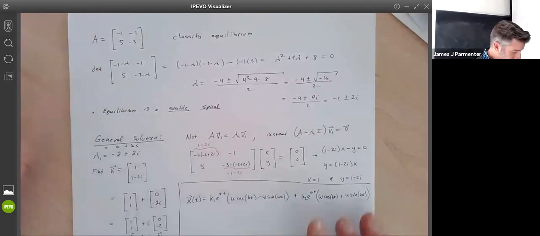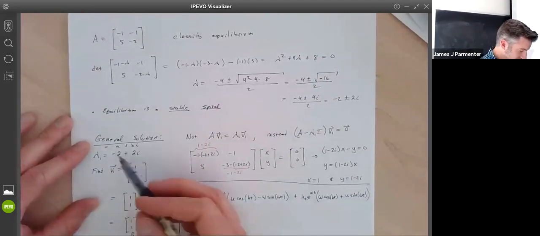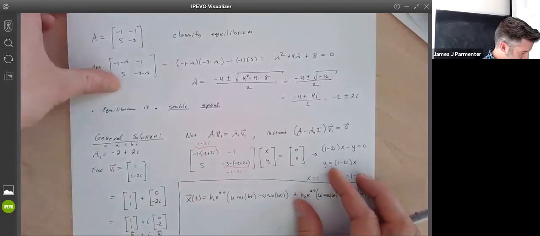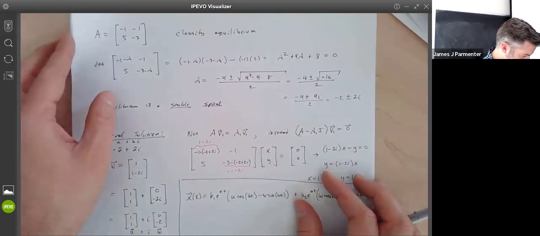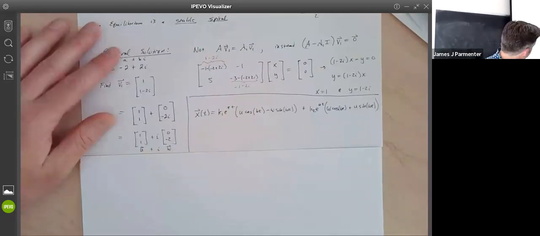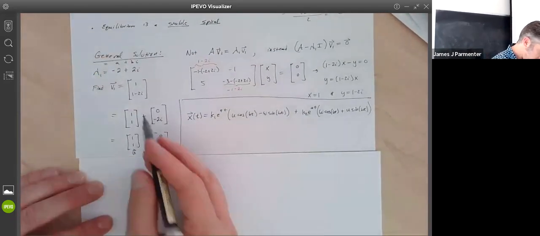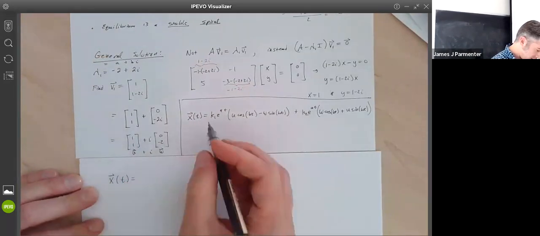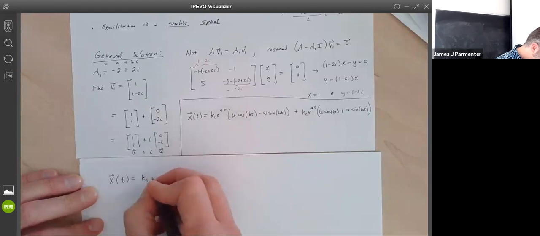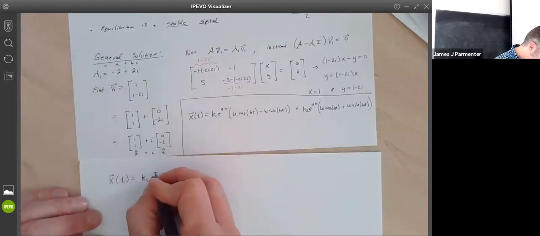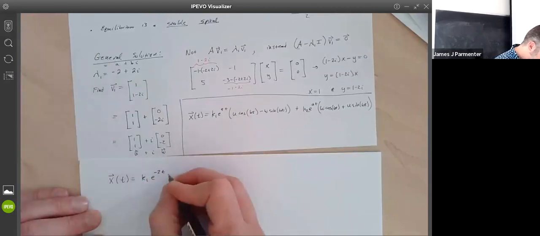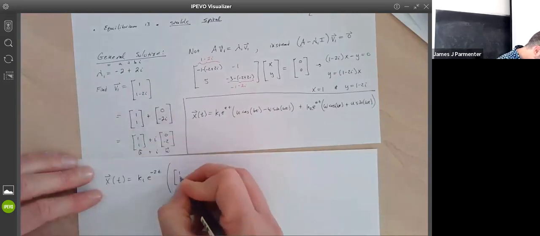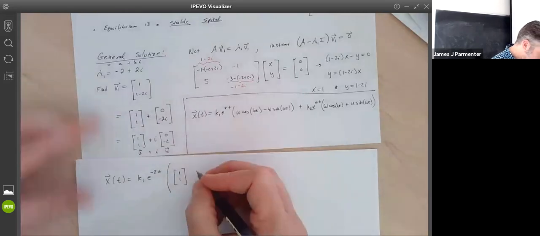So once you have U and W and A and B, you just have to throw it all into this formula. Now it's going to be kind of gross, so let's give ourselves a little bit of room. Our general solution is going to be K1 e to the, so our A is -2, times U, which is the vector 1, 1, times cosine of BT.